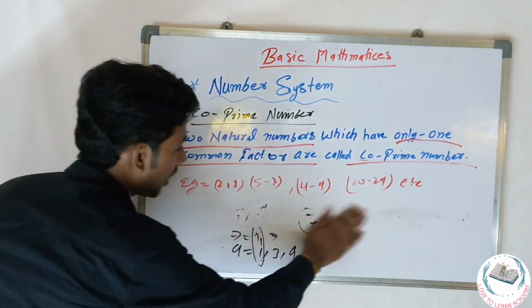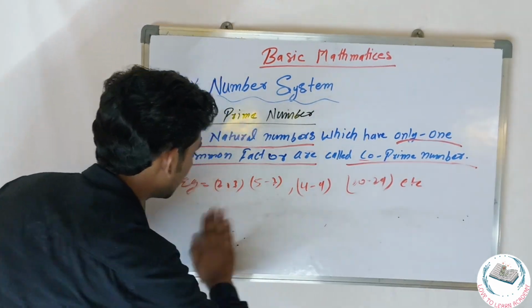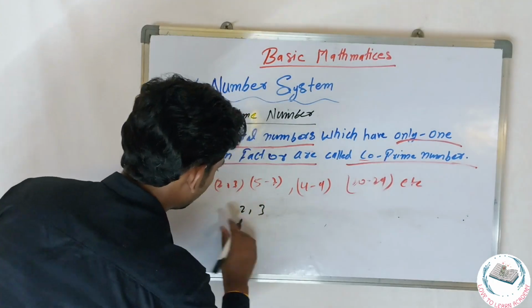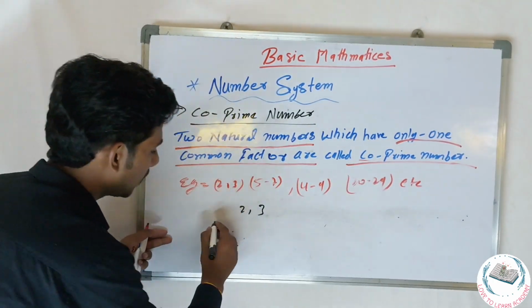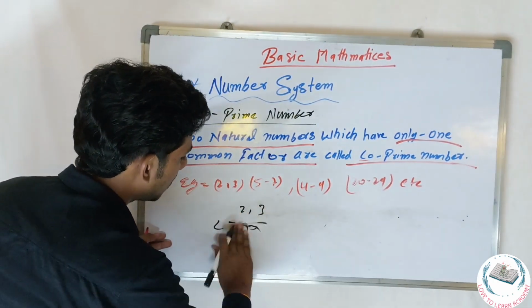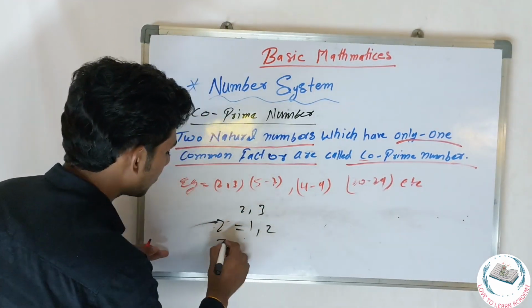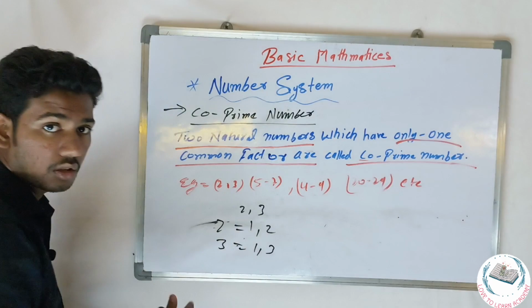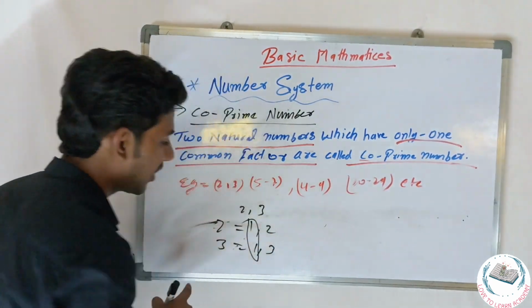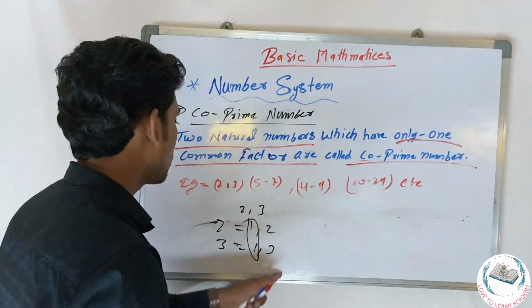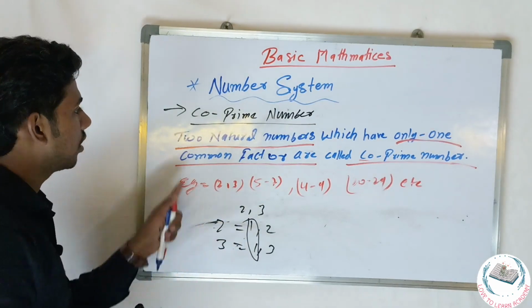Now if you see 2 and 3, the factors of 2 are 1 and 2, and the factors of 3 are 1 and 3. The common factor is only one here, so they are co-prime numbers.